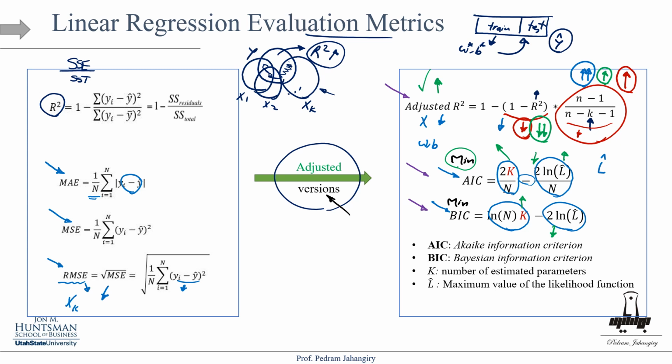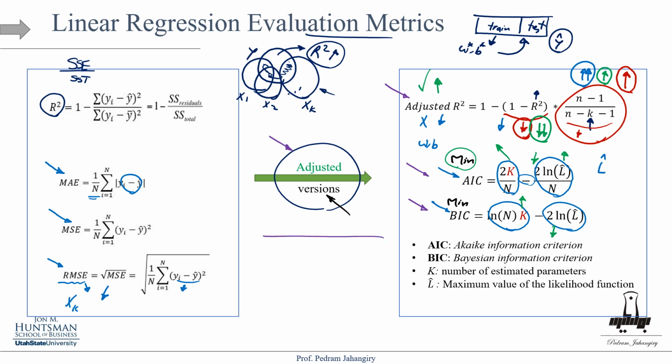Because in econometrics, we are mostly interested in being able to tell a story. We are mostly interested in the interpretability of the model. What are the coefficients? Are the coefficients significant or not? And so on. Yes, if it is time series, we look at out of sample versus in sample. But in general, in econometrics, we have one sample and we report the performance metric in that one sample. So for that reason, we have to work with the adjusted versions of the metrics.